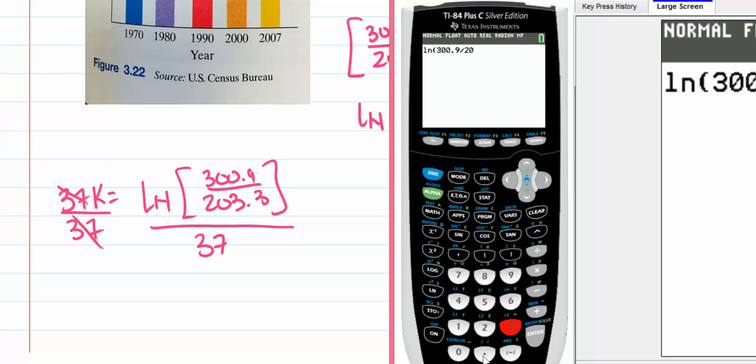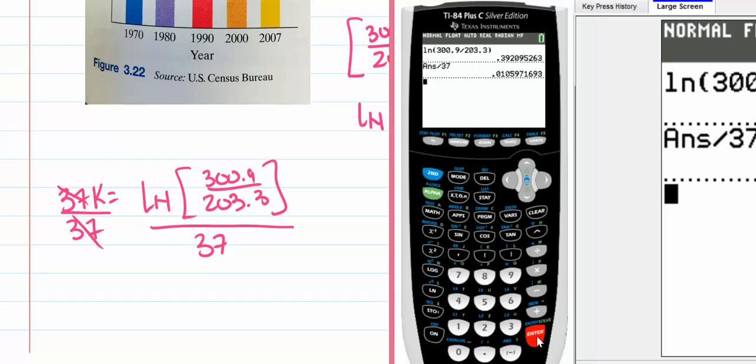Then I'm just going to push enter on my calculator first. Then, with that number stored in the last line of my calculator, I'm just going to hit divide 37 and end up with a positive answer. Now let's go to 3 decimal places. So k would be approximately 0.011. You guys good with that? You guys okay with that part?